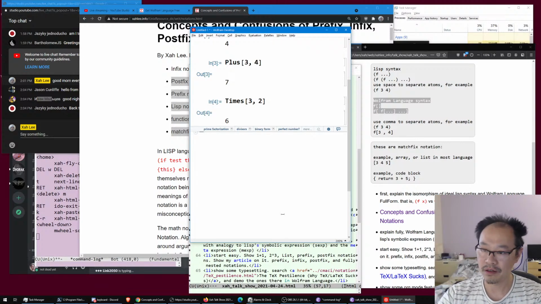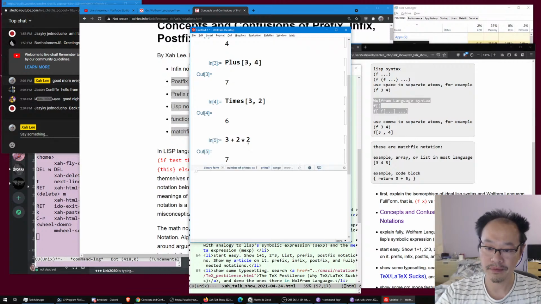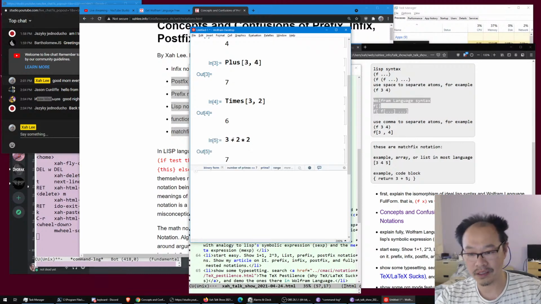Okay, so let's do a more complex example. So let's say 3 plus 2 times 2. Okay, so 2 times 2 is 4. 4 times 3 is 12, right? Oh, wait. Oh, plus, yeah.